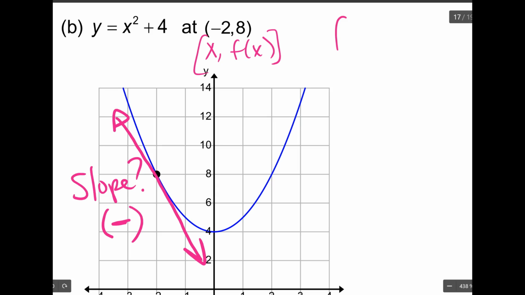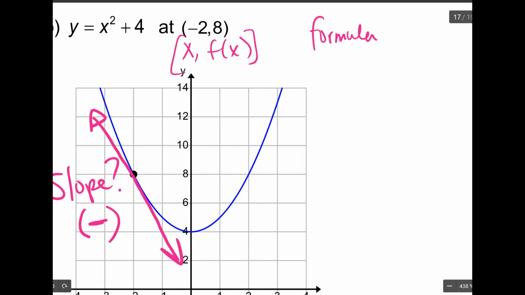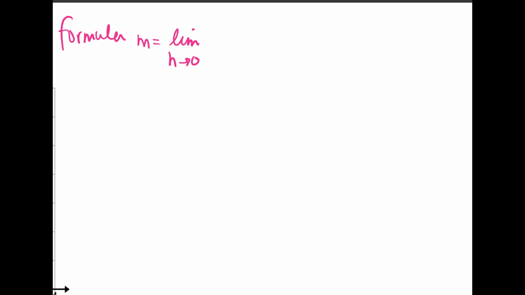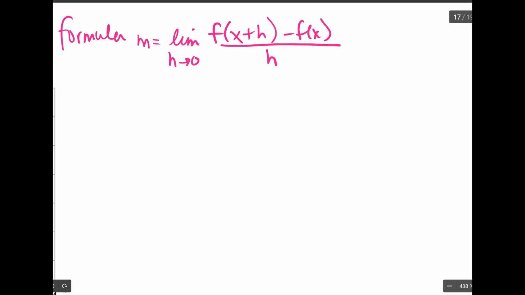I'm going to start off with the formula. M equals the limit as h goes to 0 of f of x plus h minus f of x all over h. That's the formula.